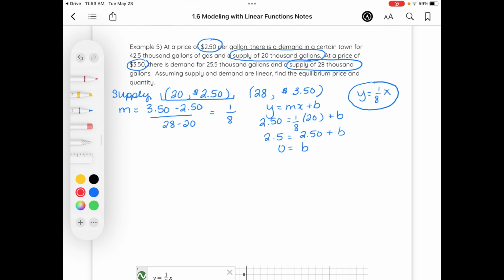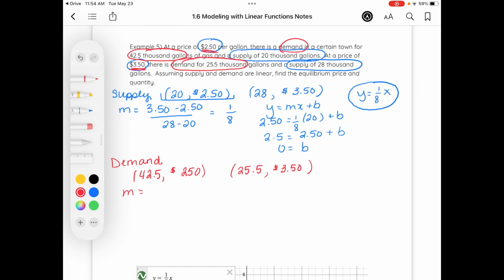Now let's look at the demand equations. I have a demand of 42.5 thousand gallons and a demand of 25.5 thousand, also associated with those equivalent dollar values. At a demand of 42.5, we are still at a cost of $2.50, and at a demand of 25.5, we are still at a cost of $3.50.